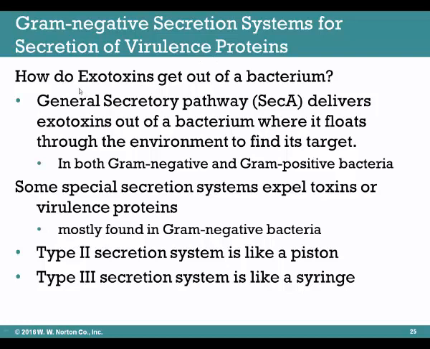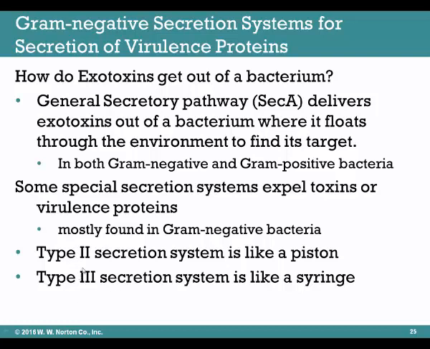So in the case of endotoxin, it's released when the bacteria die, but when we talk about exotoxins, they have to get out of the bacterium after they're made in order to have their toxic effect. And they can get out through a general secretory pathway that's present both in gram-positive and gram-negative bacteria. But there are some special systems that some bacteria, especially gram-negative bacteria, use to deliver these potent toxins.